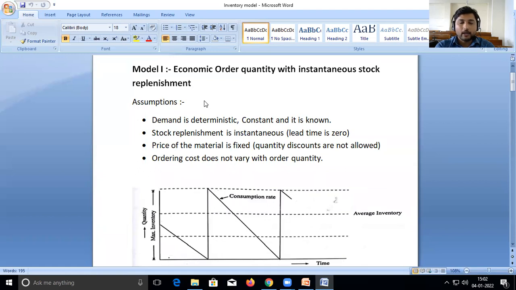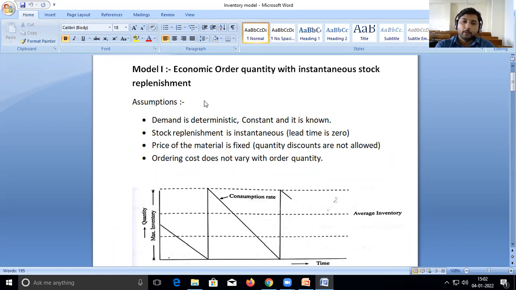First one is demand is deterministic, constant and it is known.